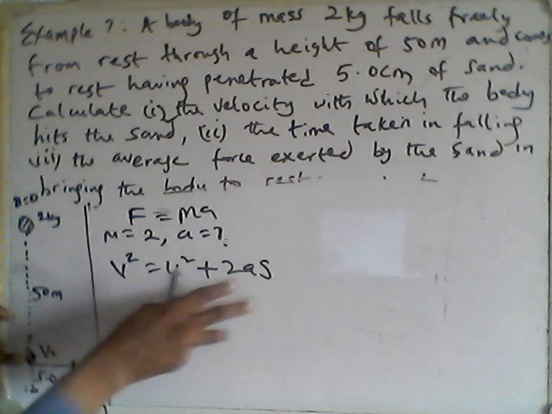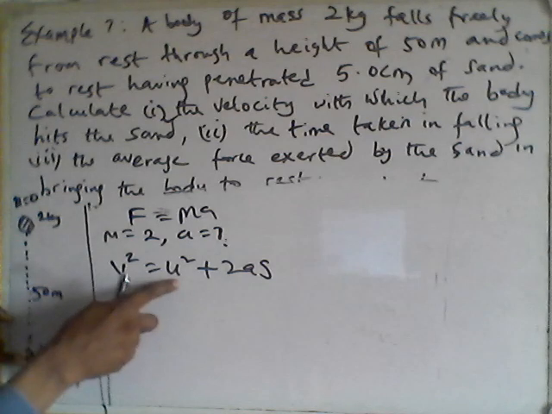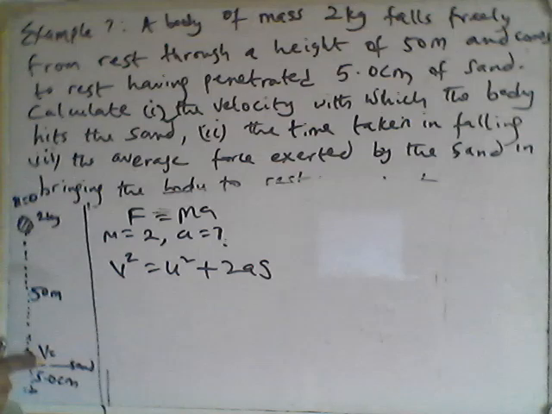This V and U instance: the U here is the final velocity of the body when it hits the ground, coming from the top to this point. At this point, it's taking the final velocity of hitting the ground.